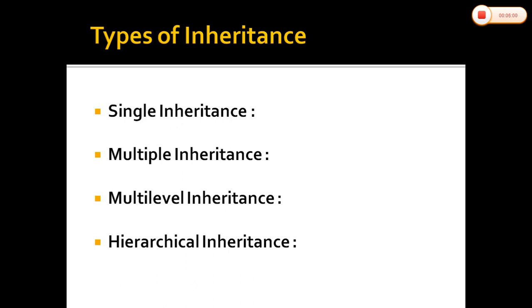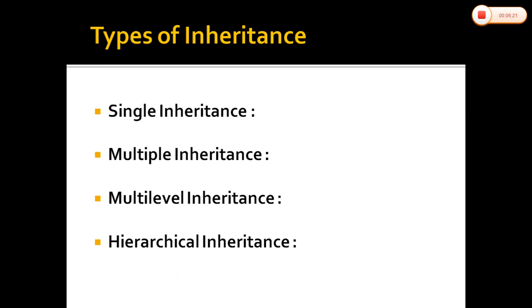The next one is hierarchical inheritance. What is hierarchical inheritance? It is a process wherein different types of inheritance together form one single process. We also call this hybrid inheritance. What is hybrid inheritance?